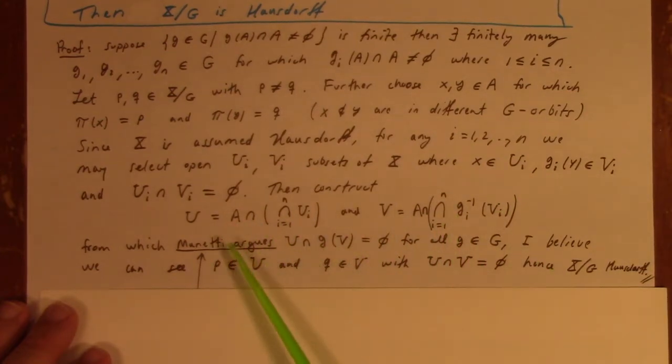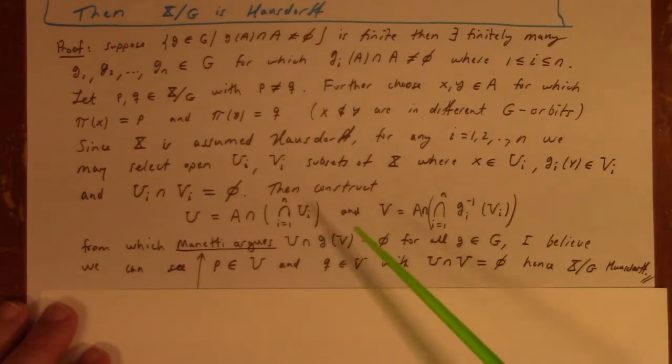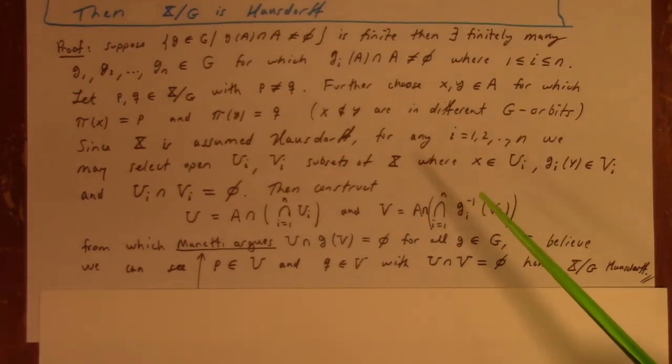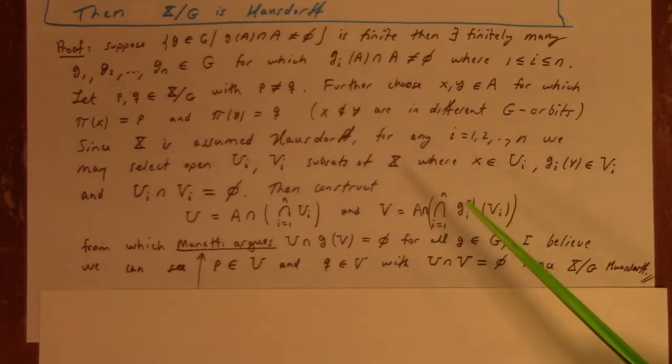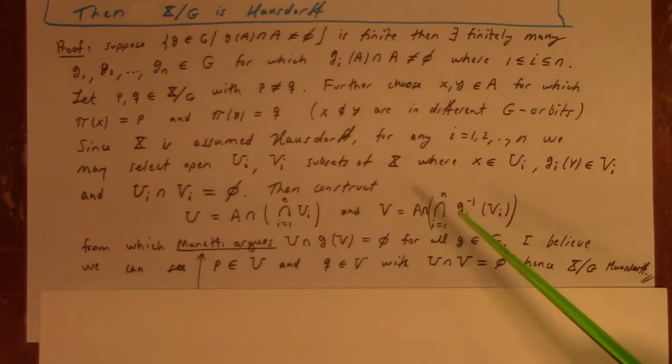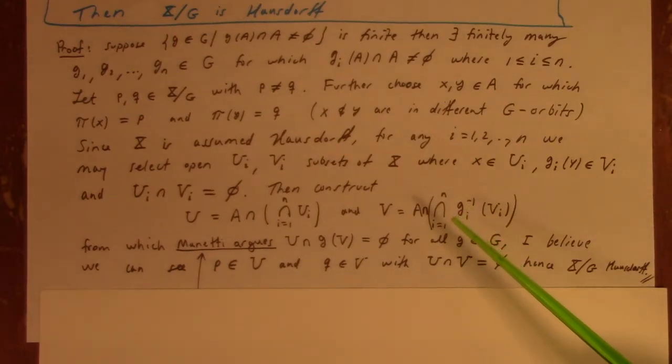I think these are in the wrong place, because A is a subset of X, right? So these can't be the subsets which separate P and Q. I don't think that the U and the V so constructed can be the subsets of X by G which show that we're separating P and Q, right? That can't be the case, because they're the wrong kind of sets. These are points in X.